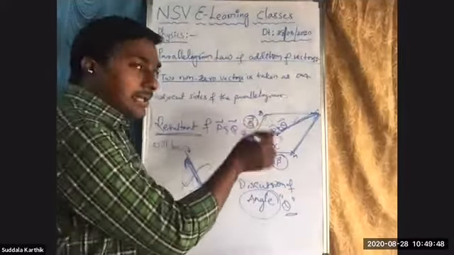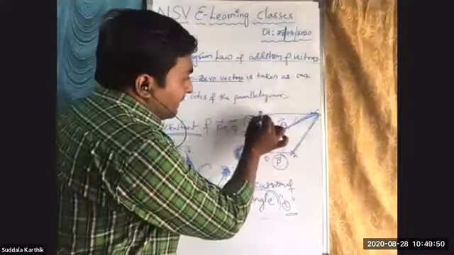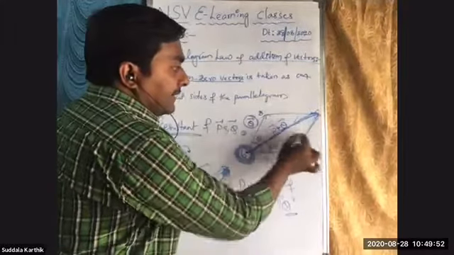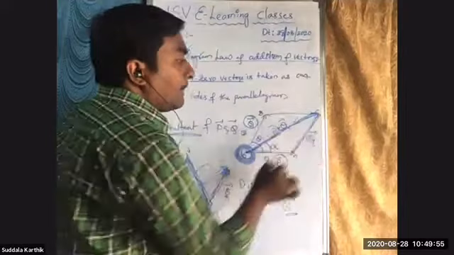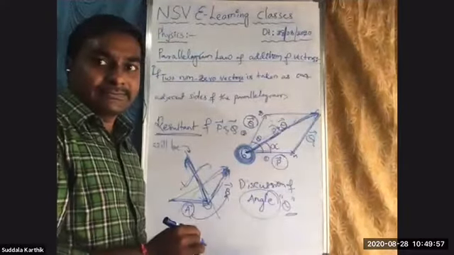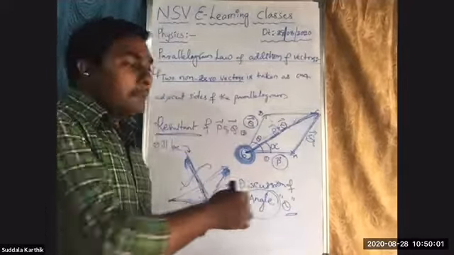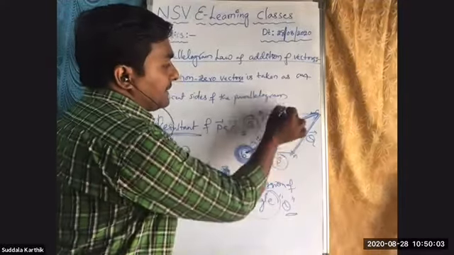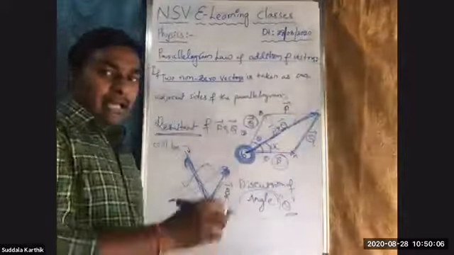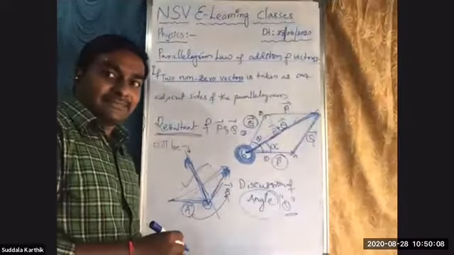But according to the laws of parallelogram, opposite sides are equal and parallel to each other. P bar is there, definitely P bar is there. Next, I am going to discuss this thing only. She asked, very good.